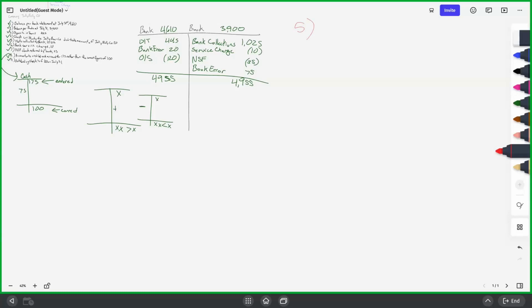All right, so number 5, where we have bank collections. Now, since we know we're adding to our balance, does that mean we're debiting cash or crediting cash? Debiting cash. We know that whenever we're adding, always debit cash.